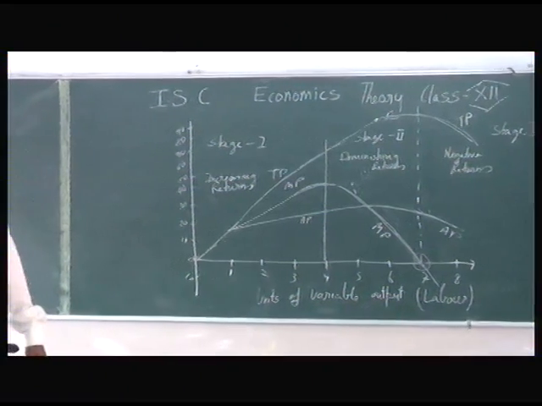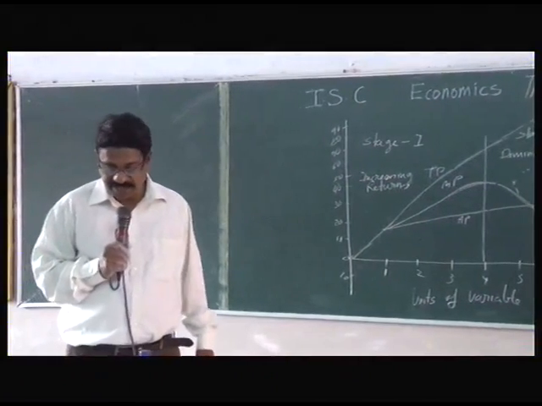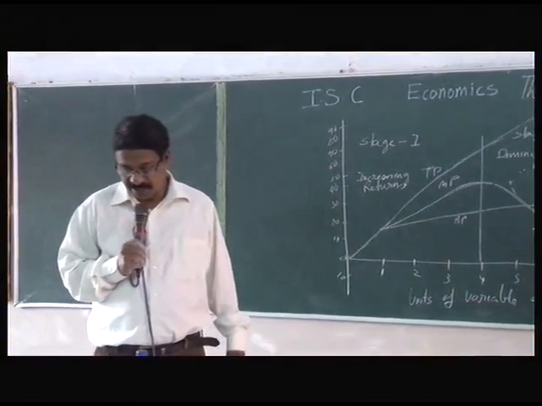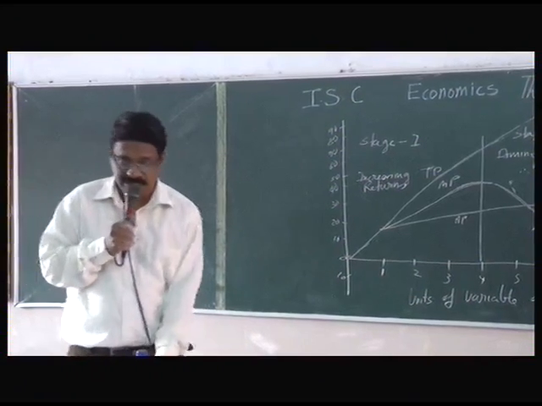The first and the third stages are known as stages of economic absurdity or economic nonsense.